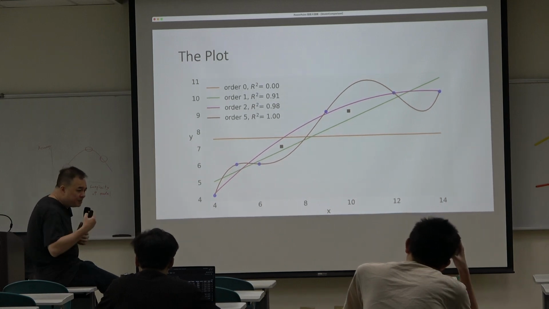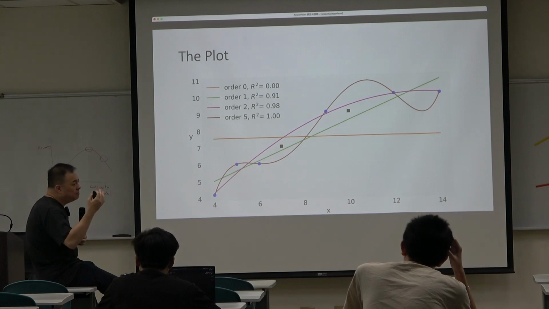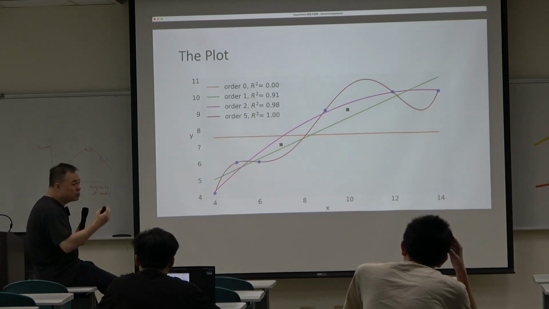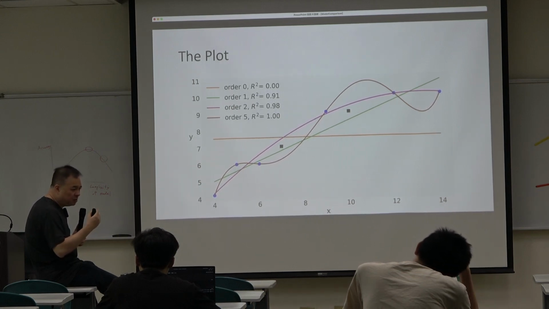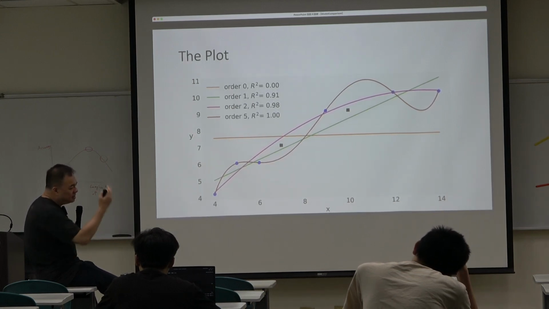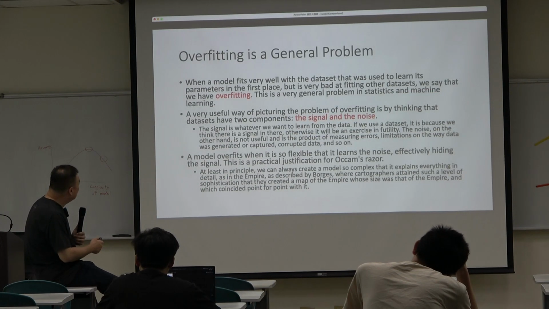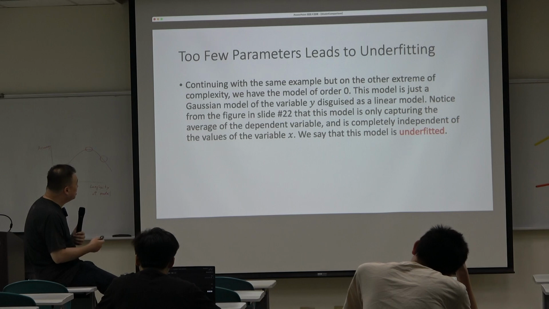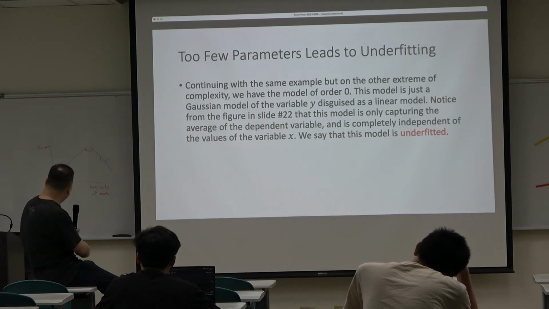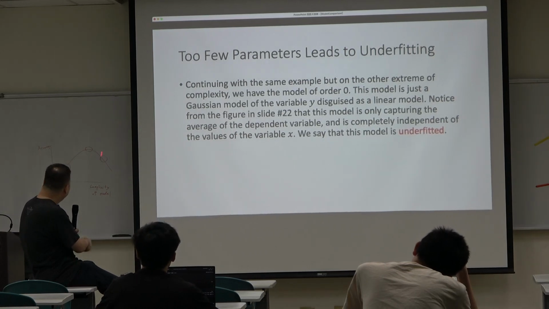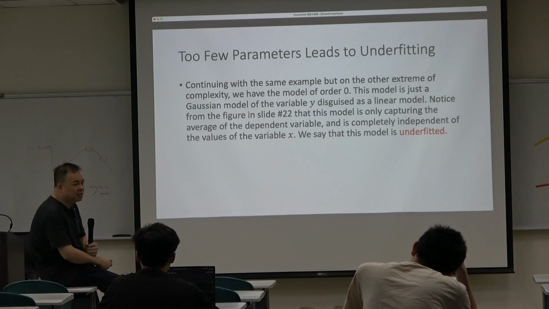You want a good level of complexity, not too much, not too small, just the right level. That's why this question is difficult, and that's why we need model comparison, because we may need to create several models of different complexity and see which model is better.